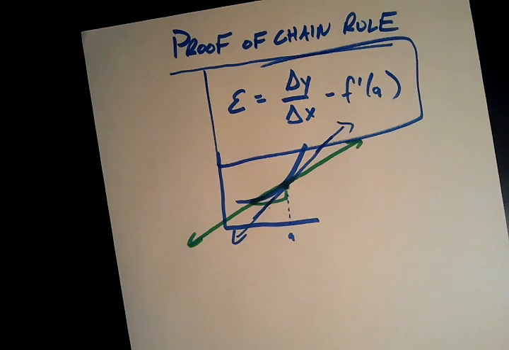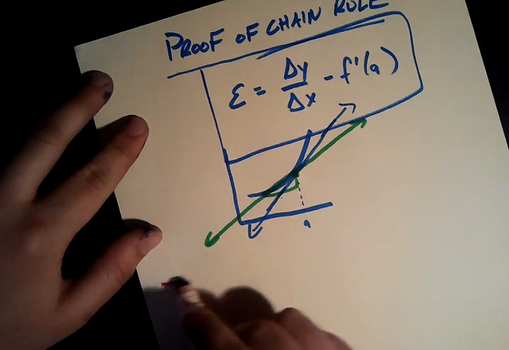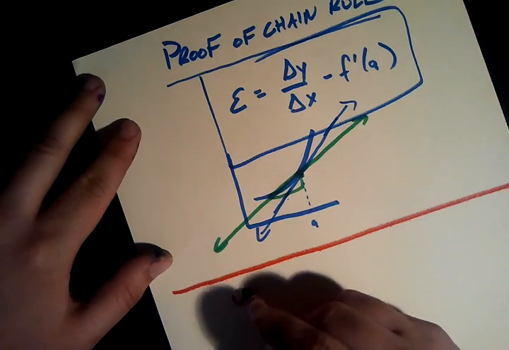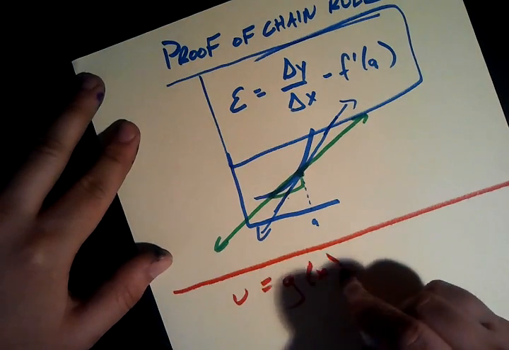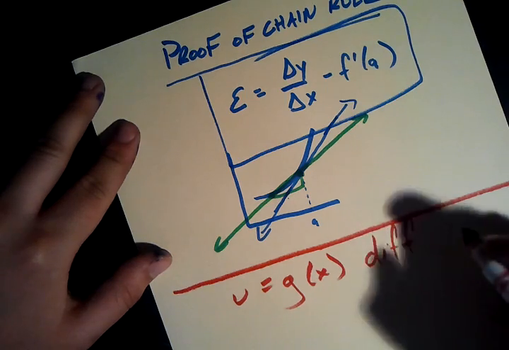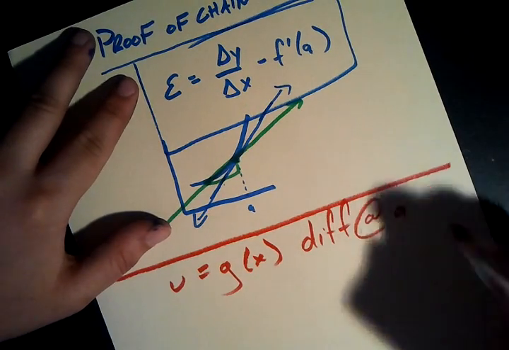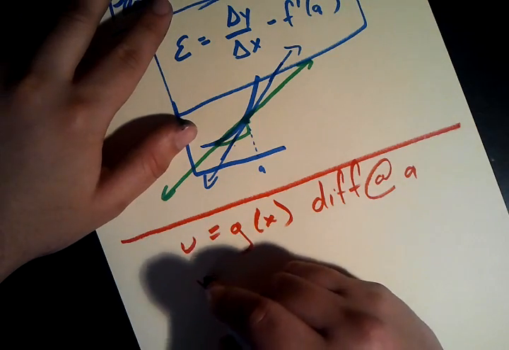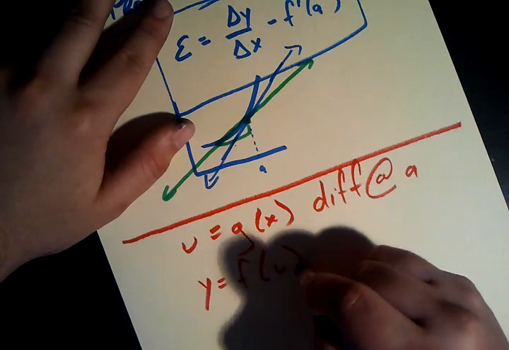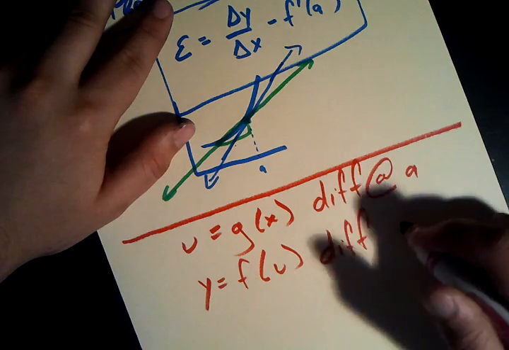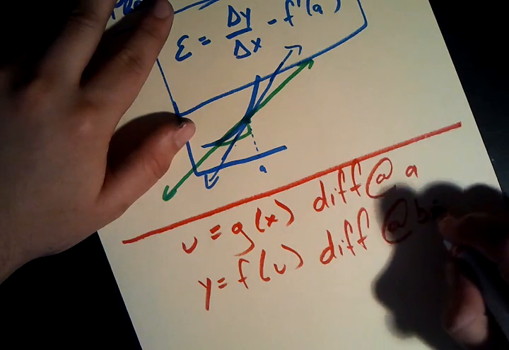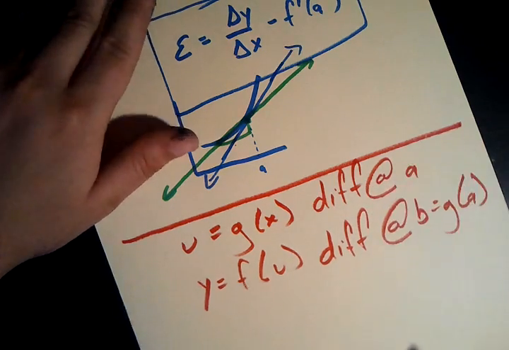Next thing we're going to do is define all the things we need for the chain rule. So down here, let's say u equals g of x, and it's differentiable. Let's assume it's differentiable at a. And then we're going to have y equals f of u, and that's differentiable at, we're going to say, b equals g of a.